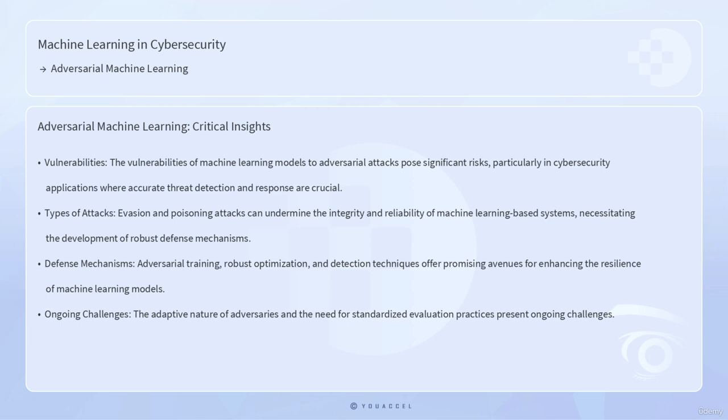Adversarial training, robust optimization, and detection techniques offer promising avenues for enhancing the resilience of machine learning models. However, the adaptive nature of adversaries and the need for standardized evaluation practices present ongoing challenges. By advancing our understanding of adversarial attacks and defenses, we can develop more secure and reliable machine learning models, ultimately enhancing the overall security of AI-driven systems.